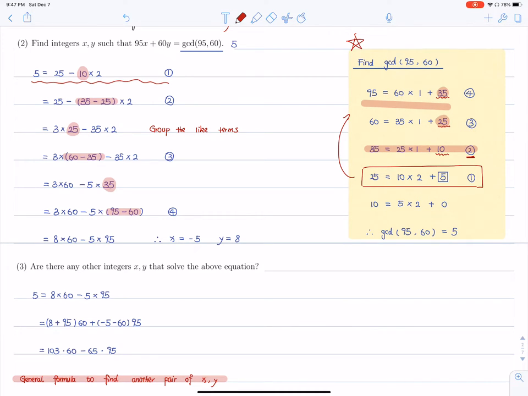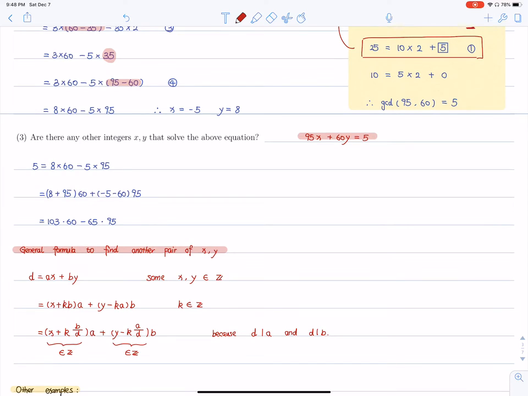If we look at this equation, 95x plus 60y equals 5, some of you might recognize that this is a line, a straight line.